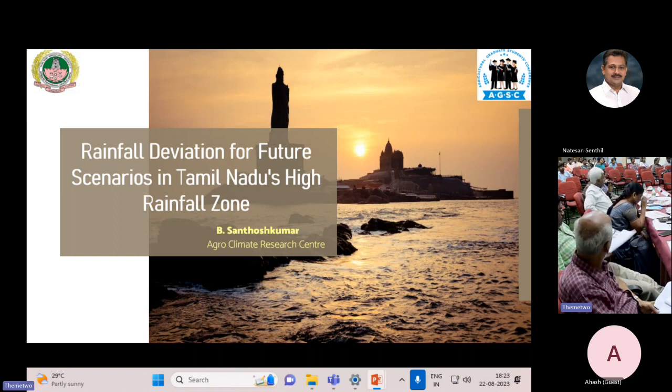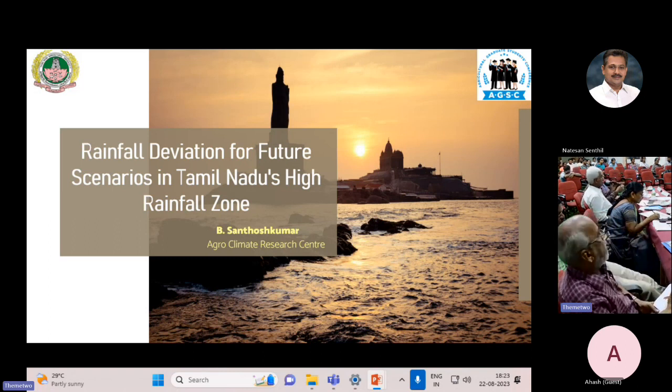So you have analyzed the rainfall pattern. Can you tell how many deficit or drought years you came across during the last 10 years, that is 2012 to 2022? And before that, 2000 to 2010, how many deficit years did you come across?